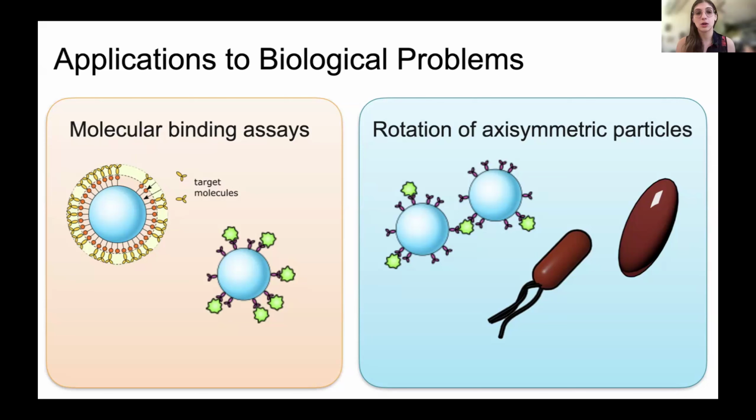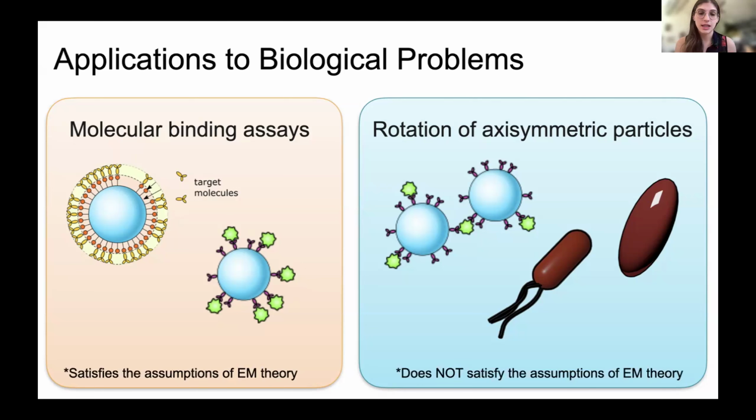One of these is molecular binding assays, and the second is the rotation of axisymmetric particles. Before we get into it, I just want to mention that the left-hand side project, the molecular binding assays, does satisfy the assumptions of effective medium theory that the irregularities are smaller than the wavelength of the light. Whereas on the right-hand side, the rotation of axisymmetric particles does not satisfy those assumptions. But we'll see later on that perhaps we can relax those assumptions a little bit.